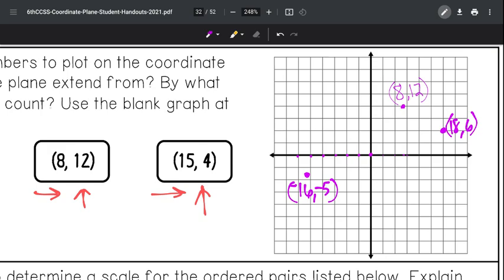And last but not least, 15, 4. 3, 6, 9, 12, 15. And then 4 should be right above that first line right there. And I'm going to label it 15, 4.